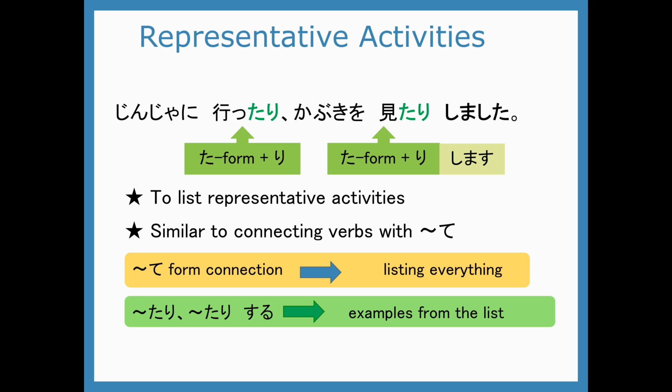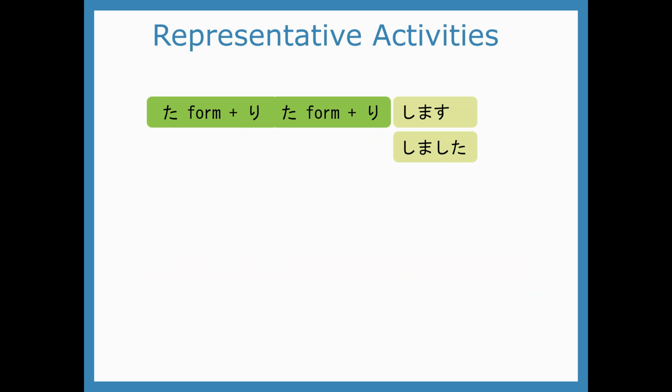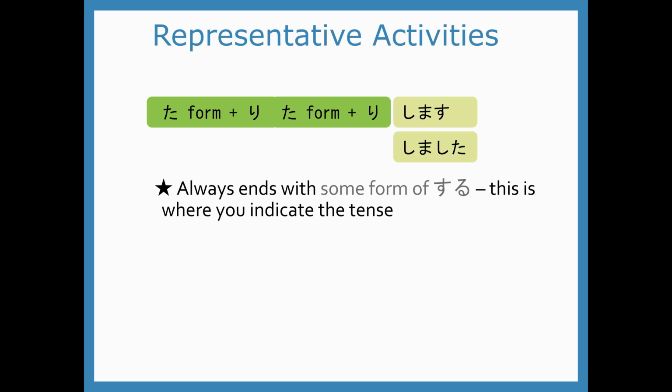So with the te form, you list everything you did. Also, the implication is that you did them in that order. Whereas with tari suru, you're just giving a couple of examples of some stuff you did, and it could have been in any order. When we make this construction, once again, we have the ta form plus ri, and then shimasu, shimashita, some kind of form of suru at the end.